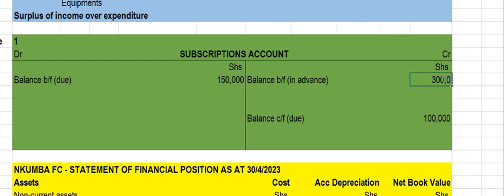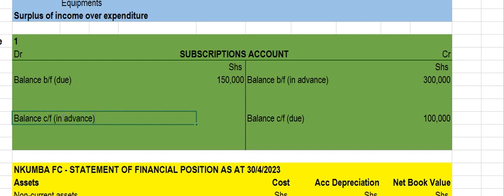That's why I'm crediting it. Then I will still bring the balance carried forward on the opposite side, that is subscriptions in advance. And that is how much the subscription in advance, that is 500,000.